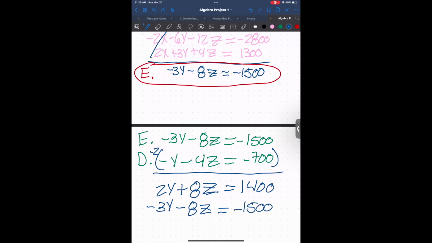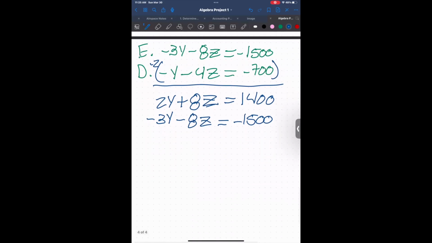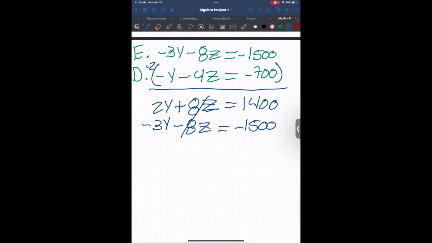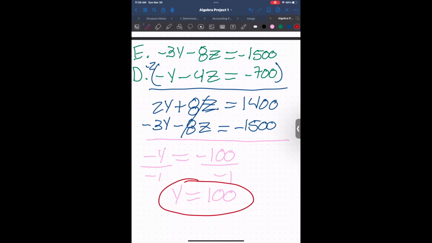All right, so right away, these guys cancel out. Okay, so we're going to kind of change our colors again. That's a lot of colors. Negative y equals negative 100 divided by negative 1. Y equals 100. Okay, we're going to circle that in red because now we have found a variable.